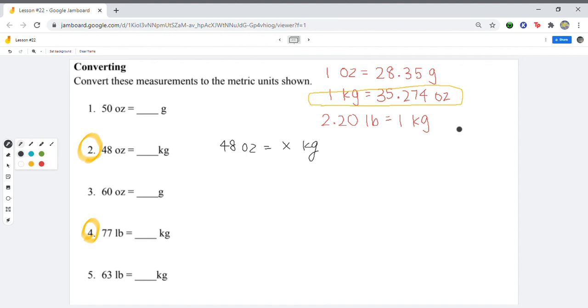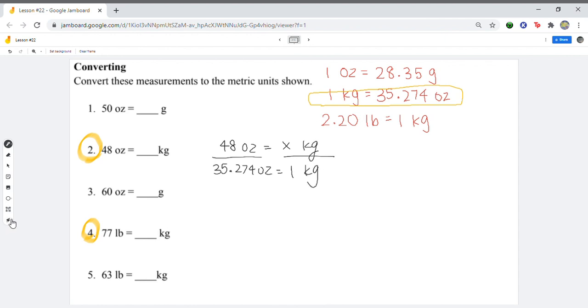In order to use that, I'm going to write it in proportions. So I'm going to divide both of them like this, and I'm going to set up my proportions. So 35.274 ounces goes down here underneath the ounces. Make sure that your ounces align together, and equal to 1 kilogram.